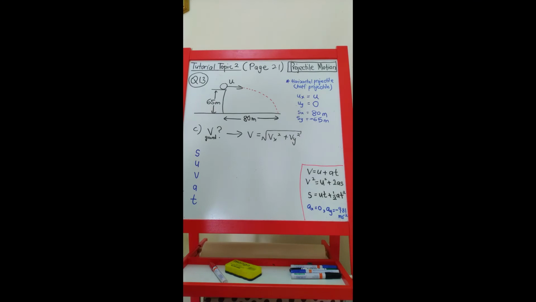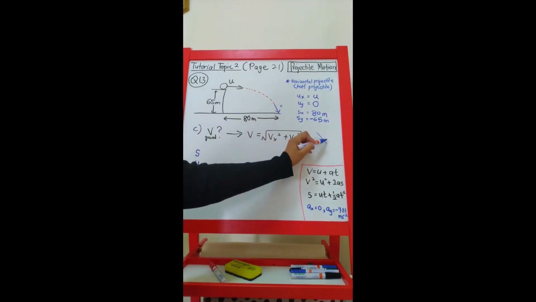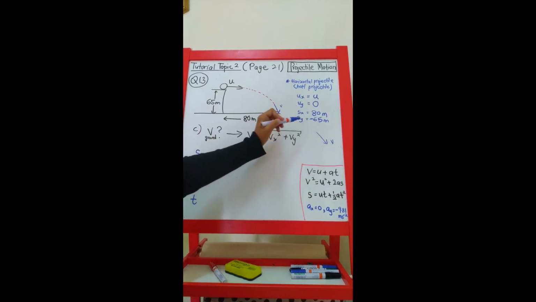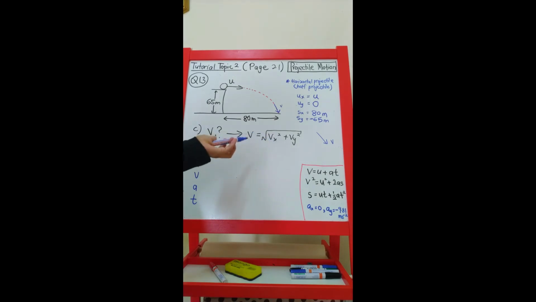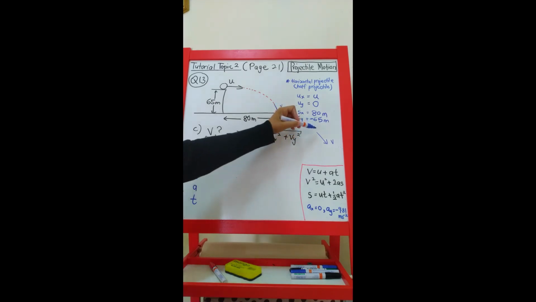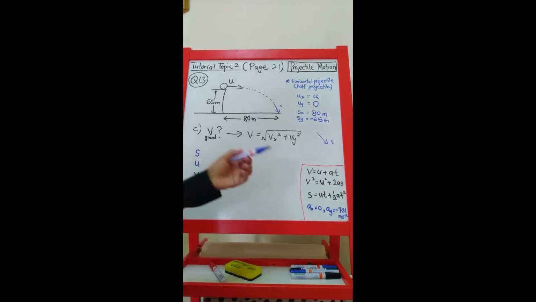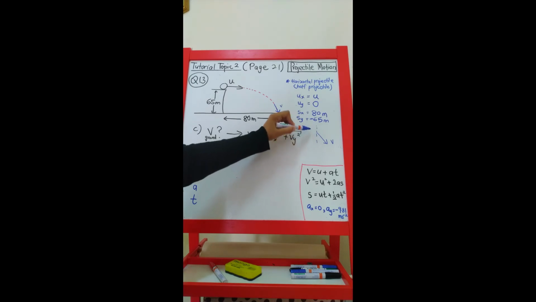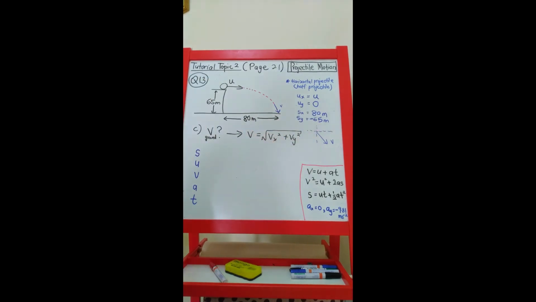Okay, for part C, it asks for the velocity just before the ball hits the ground. It means that it asks you to find the velocity here, v. So v actually is like that. We don't know whether it's in x or y, because it does not stay in the x or y axis.